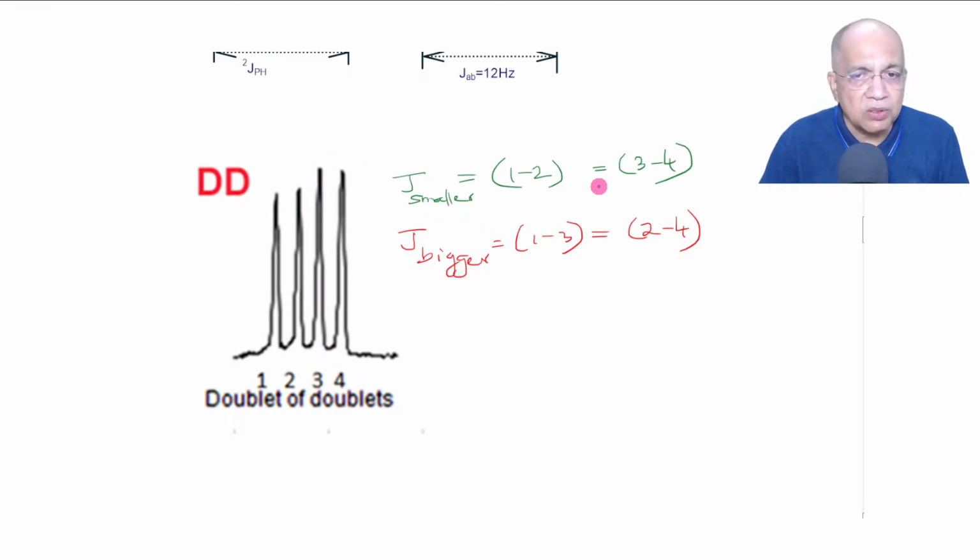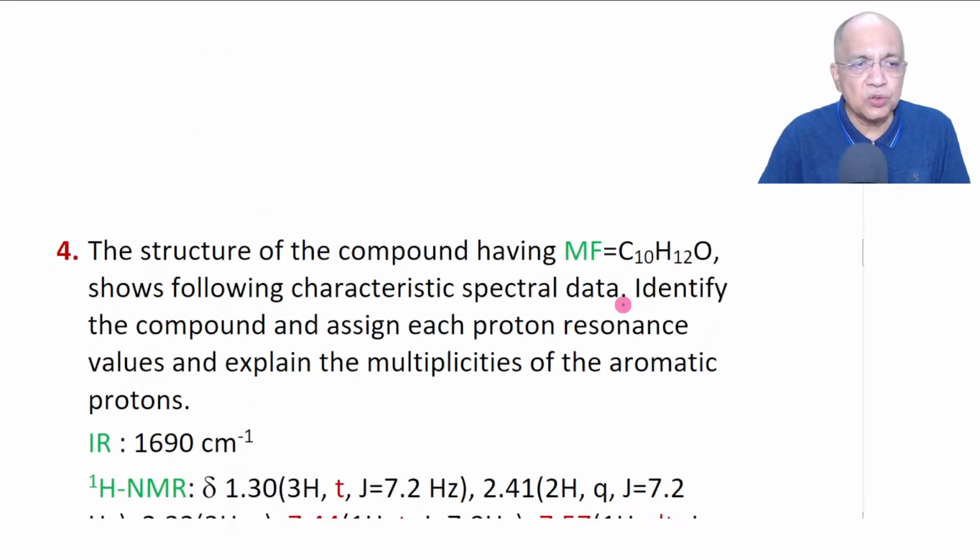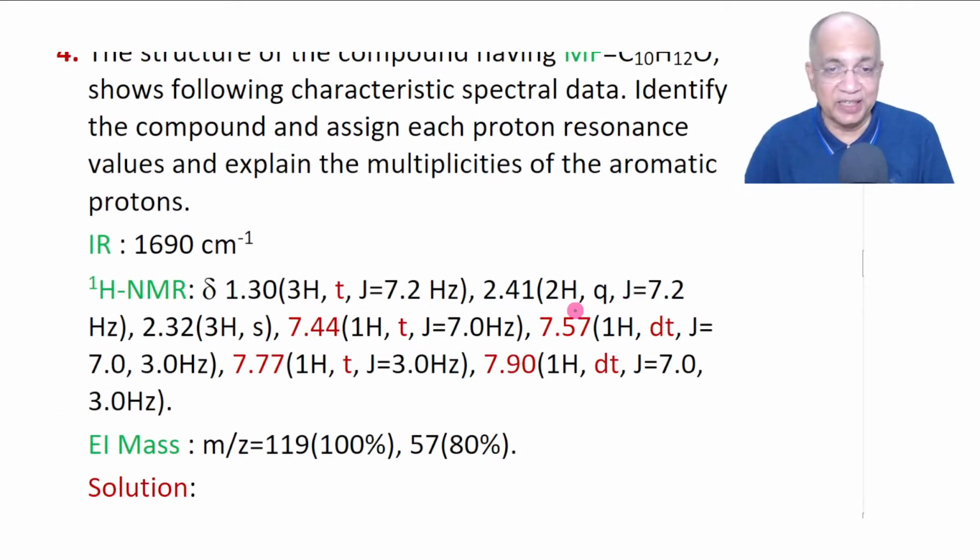Now to find the average, you have to take 1, 2 and 3, 4. They will give you the smaller, the average. And for the larger coupling constant, 1, 3, which is equal to 2, 4. They will give slightly different values, and you average it to get the best value, with least standard error. Now coming to the fourth one, which is really, really interesting.